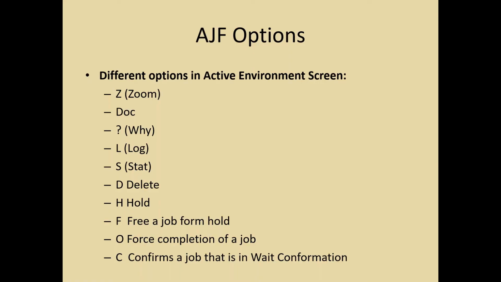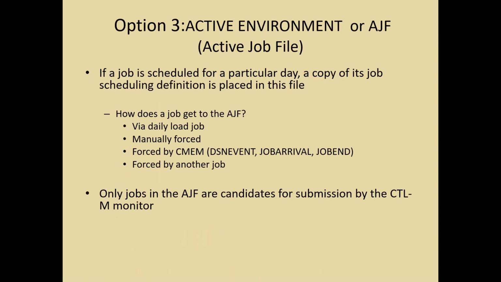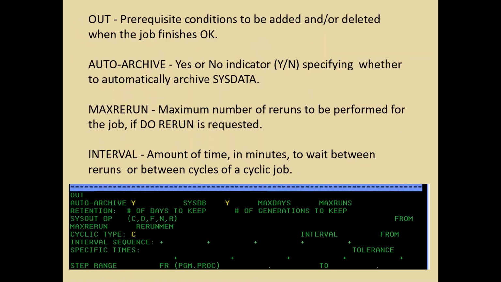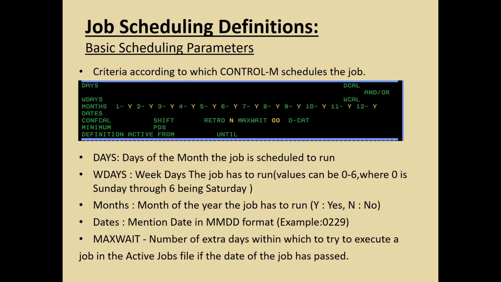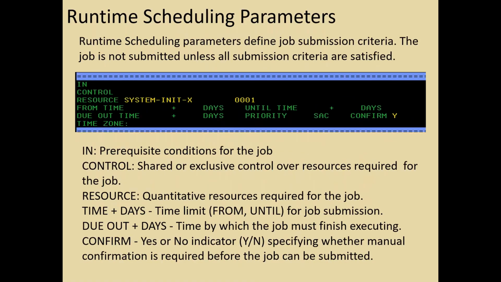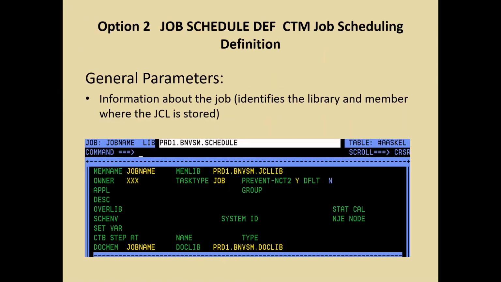If you want to see this screen, especially this screen, then you use Z in front of the job. Then it will open this screen. In this, there is an override library concept that I will explain when it comes to job restart.